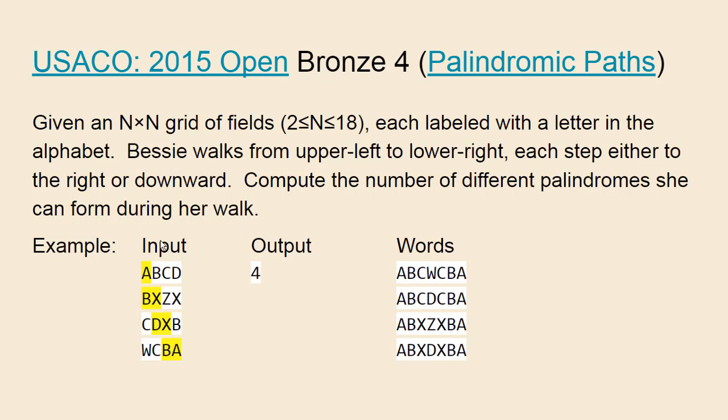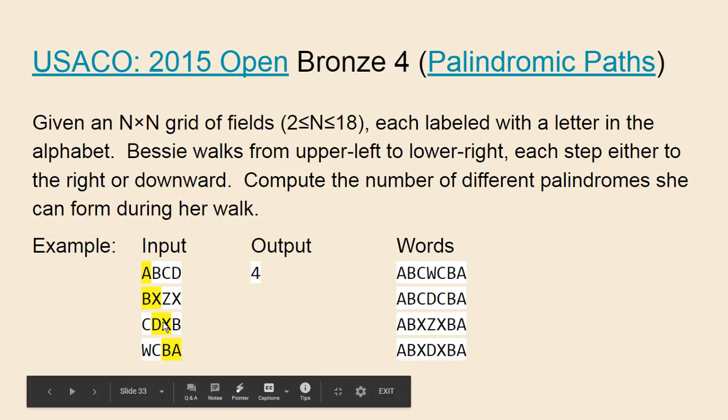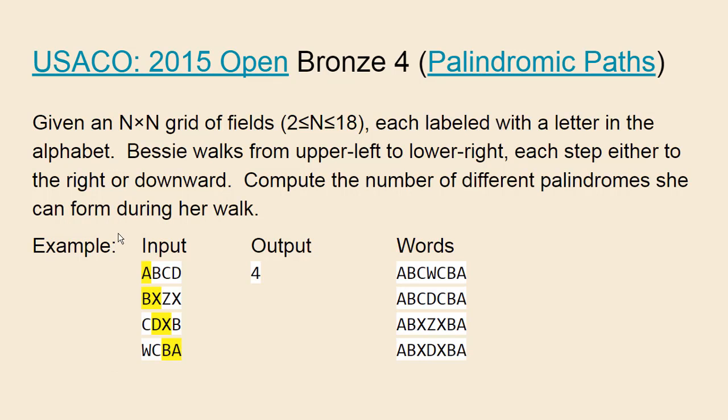Then the path traversed by Bessie will result in a string of letters. We say this string is a palindrome if when you reverse it, it's exactly the same. The question asks us to compute the number of different palindrome strings Bessie can form during her walk.